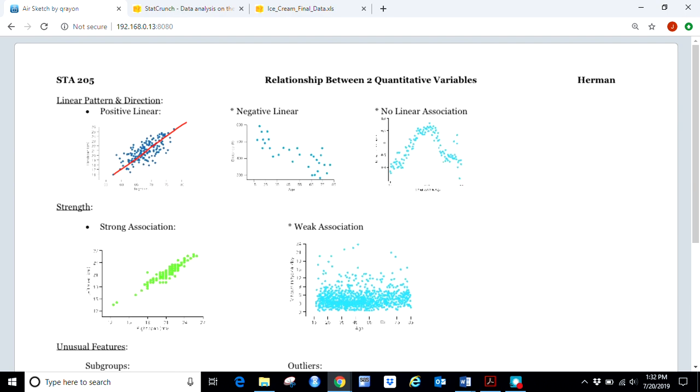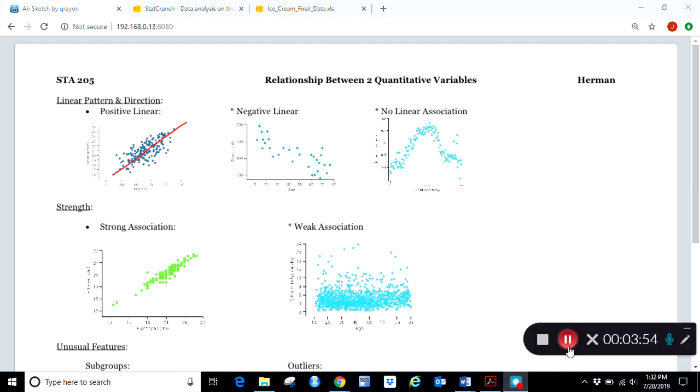Now if we move over to this negative linear one. Here I'm saying it's negative linear. So again, straight line, if I were to put a line through it, do I feel this horrible need to bend that line? Not really.